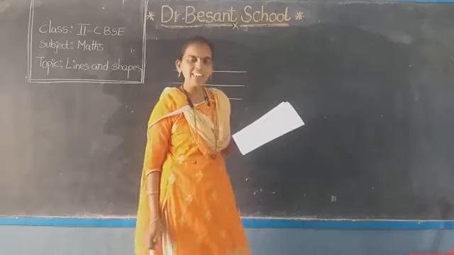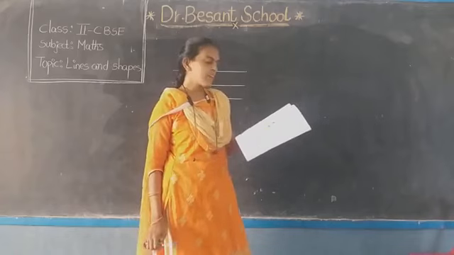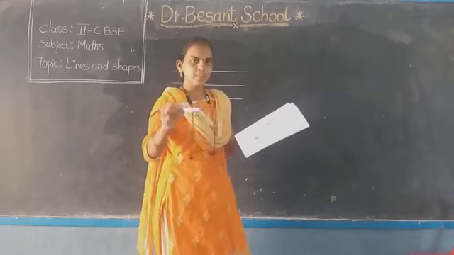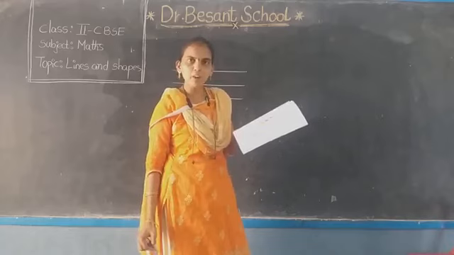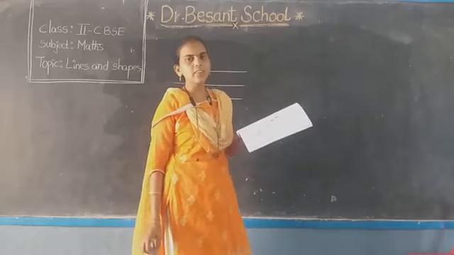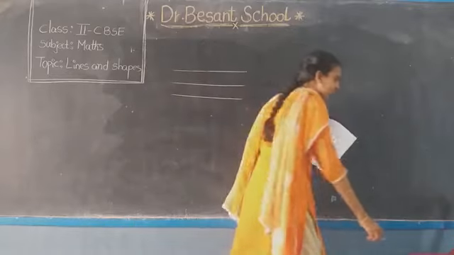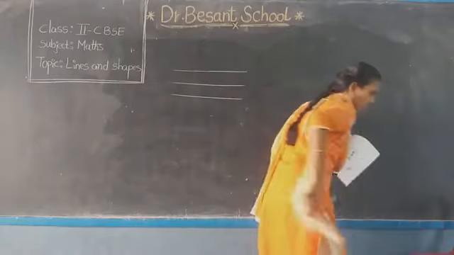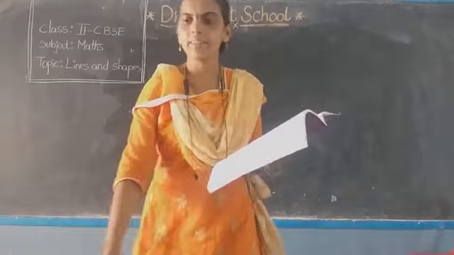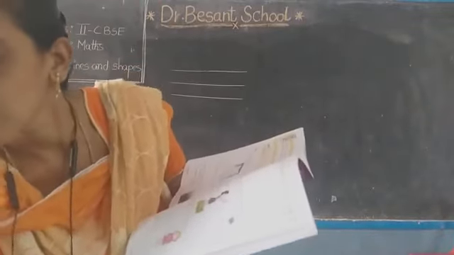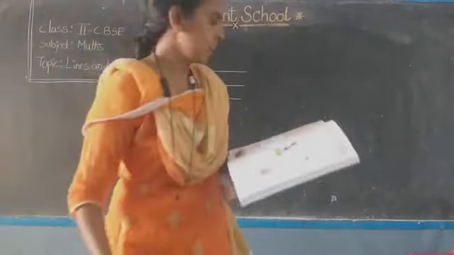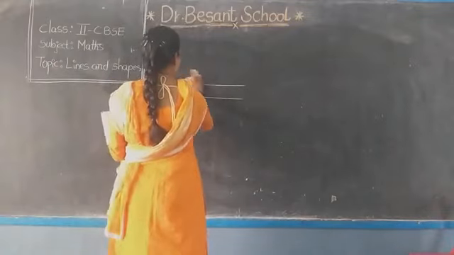Which line did you form, children? You have done it now. Yes, it is a straight line. Children, write in the blank given: straight line.